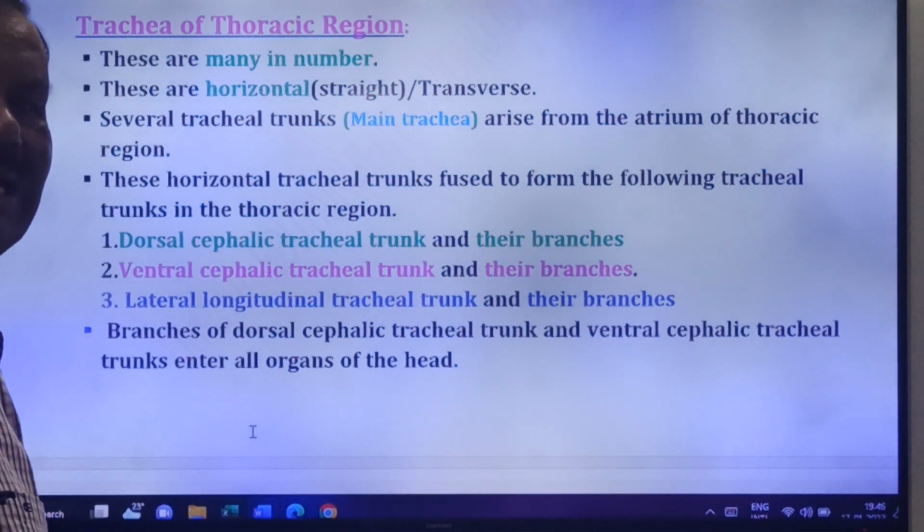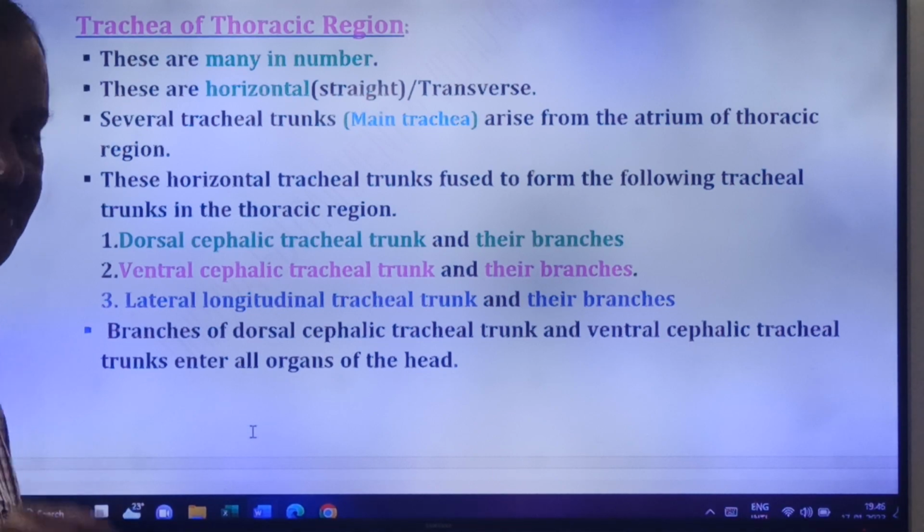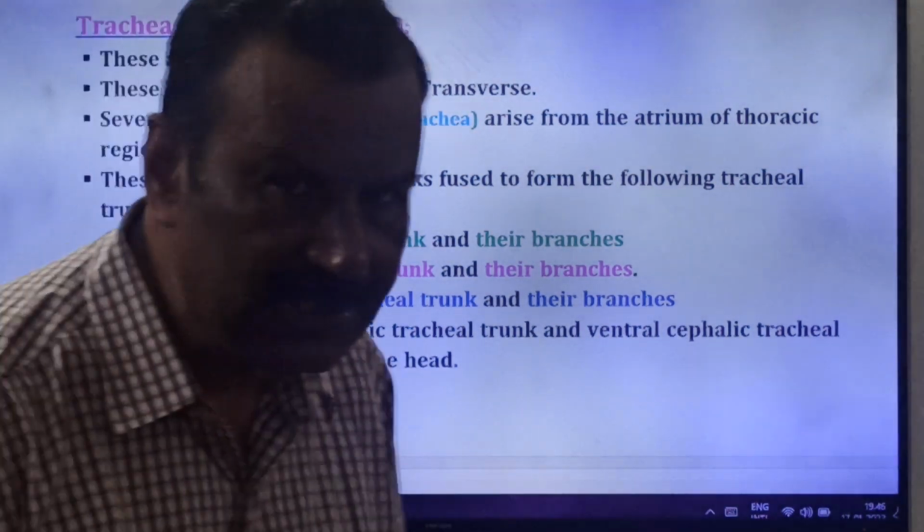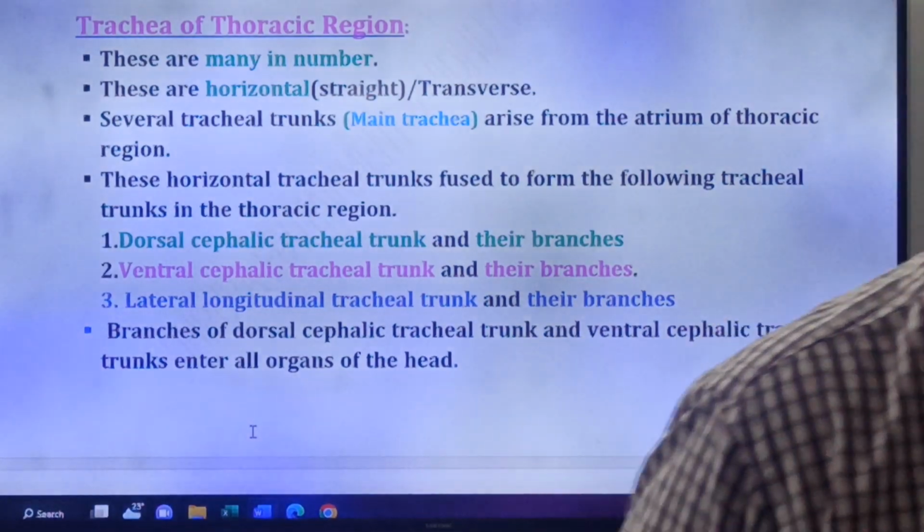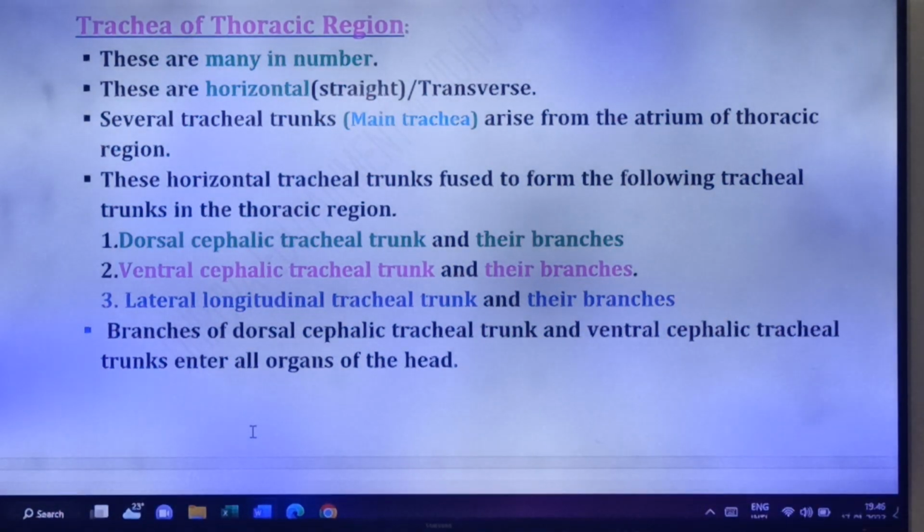Dorsal cephalic tracheal trunk and its branches. Next one, friends, ventral cephalic tracheal trunk and its branches. Third one, friends, lateral longitudinal tracheal trunk and its branches.